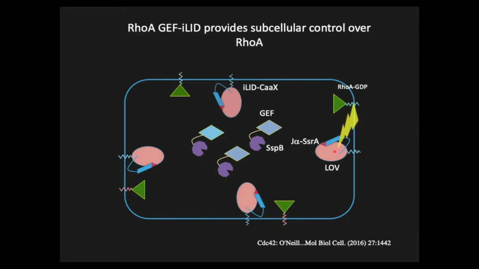Then when we shine light, the eyelid unfolds and allows the interaction between SspB and SsrA. Then we recruit the GEF to the membrane, which activates RhoA.